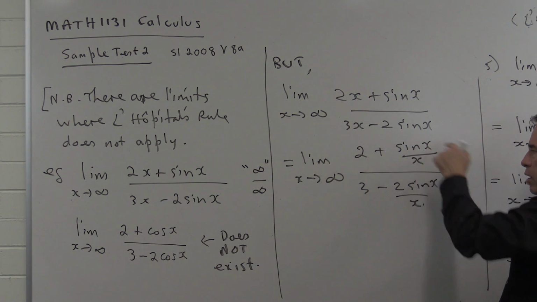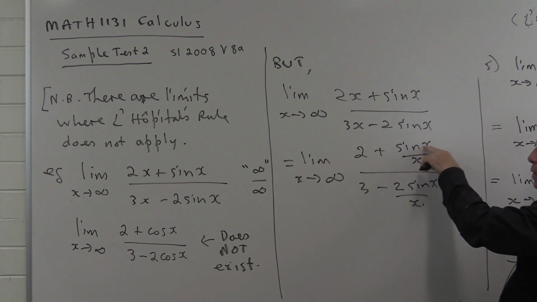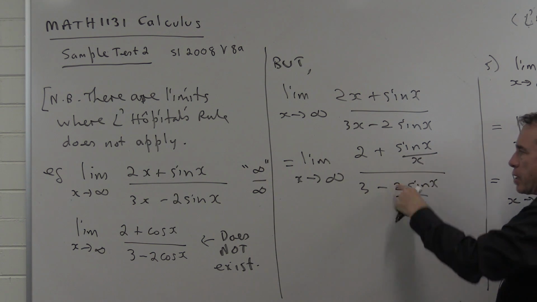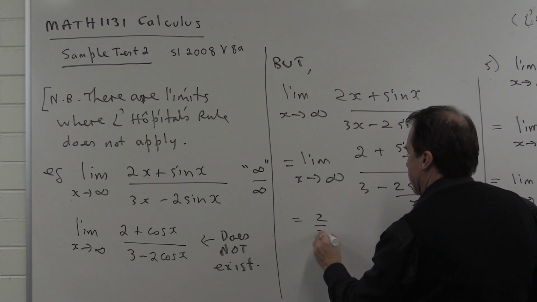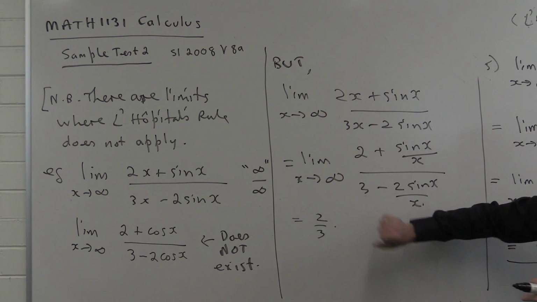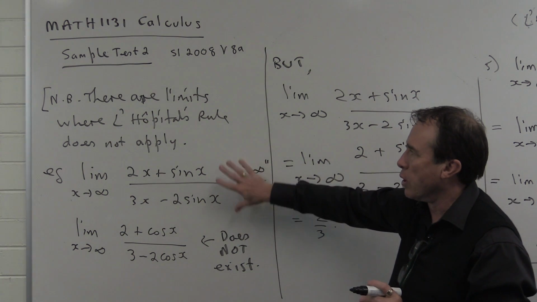Now, because sine is bounded, this can't be any bigger than 1. As x gets very big, this is going to 0, this is going to 0, and the answer, in fact, is 2/3.